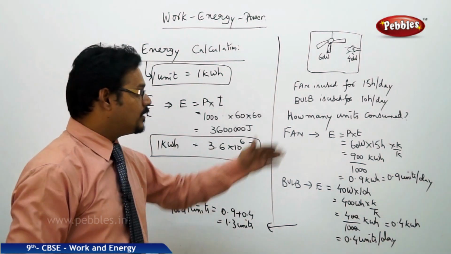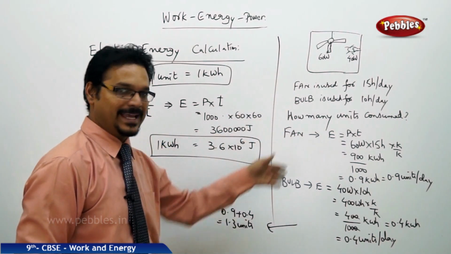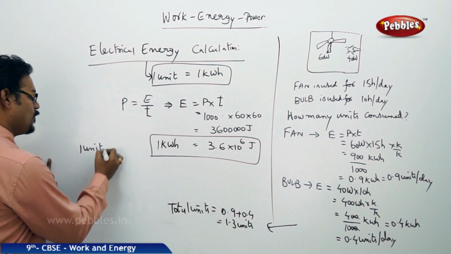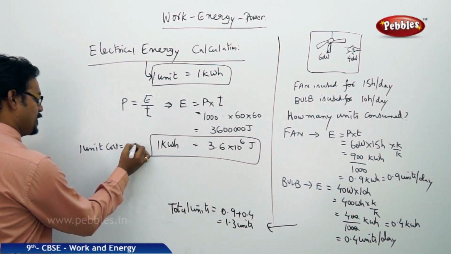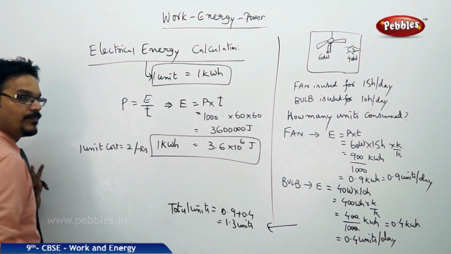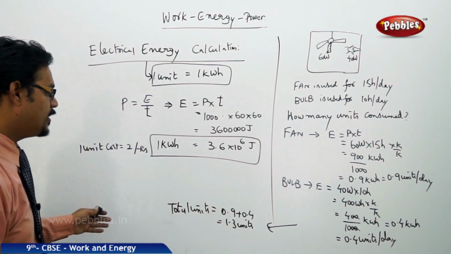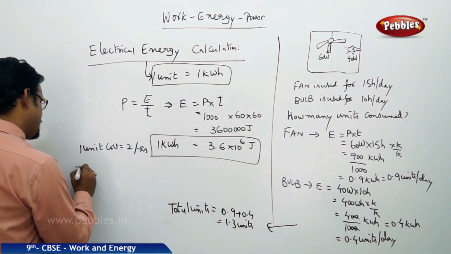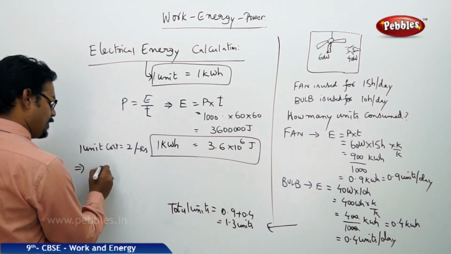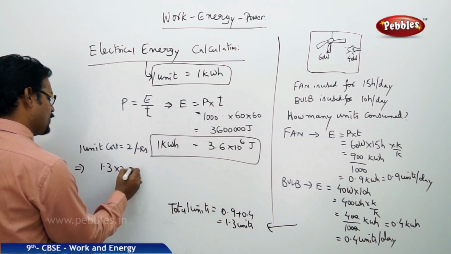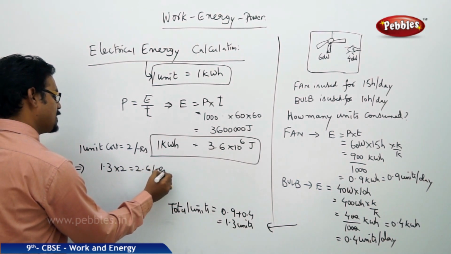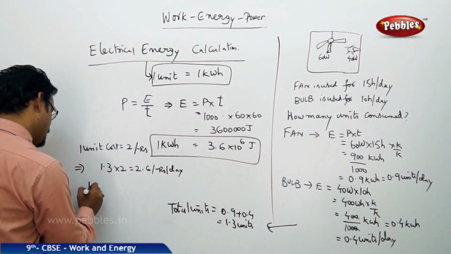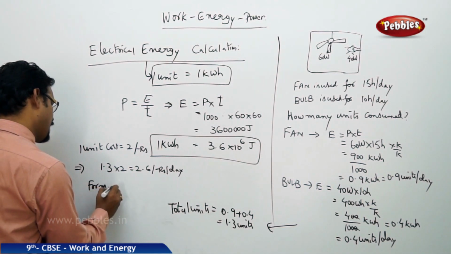Now, if I add more questions to this case, say 1 unit costs 2 rupees, then how much does he have to pay? That implies 1.3 into 2, which is 2.6 rupees per day. If it is per month, then how much does he need to pay?